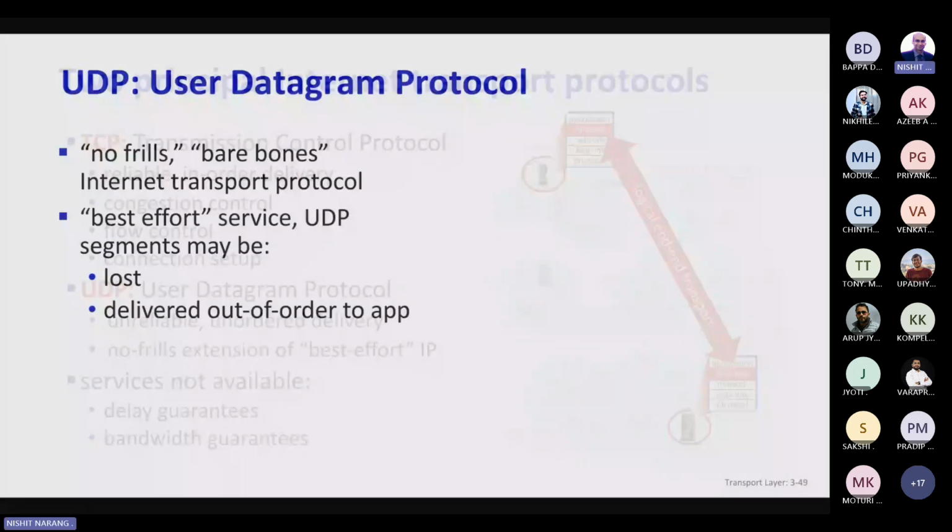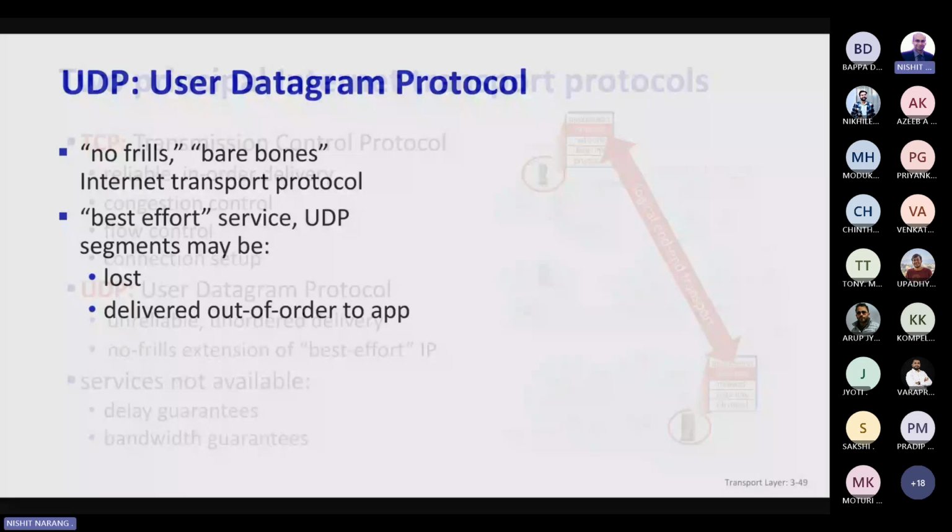So we'll start with the simpler protocol, which is UDP, which, as we said, is a no-frills, bare bones transport layer protocol for the internet. Because it's a no-frills transport layer protocol, it's also a best effort service like IP is. So when UDP is being used for sending segments of an application layer message, then some segments of the message may be lost in the network.